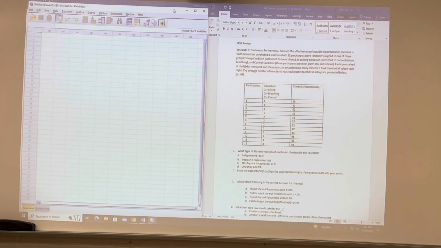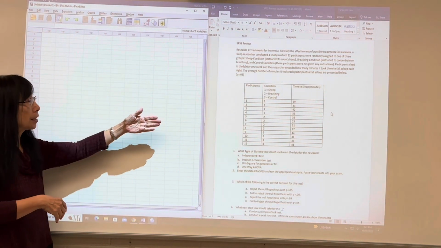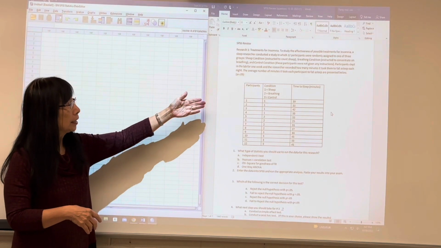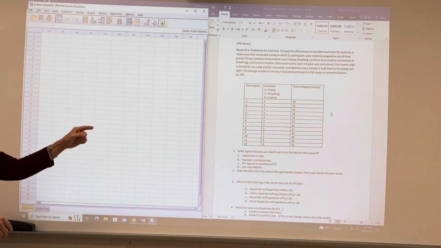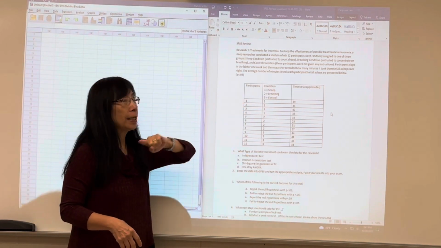Let's start with what test we should use. If you see the first question, you will see there are three groups. Do you see the condition? 1, 2, 3.